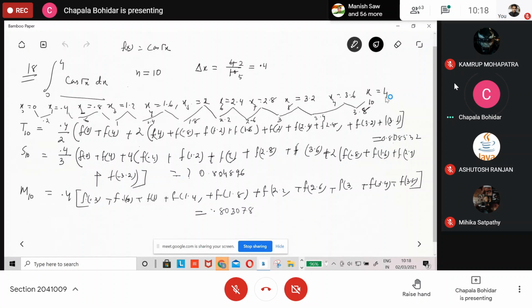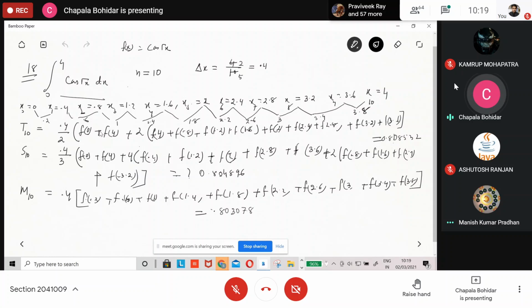So when you solve by the trapezoidal rule, that is T10 is equal to del x by 2, that is 0.4 by 2, then starting and ending, f(x0) and f(x10). Starting is f(x0), that is 0.